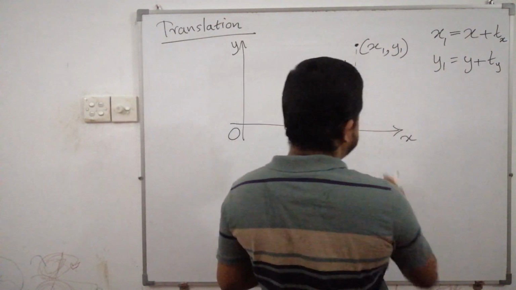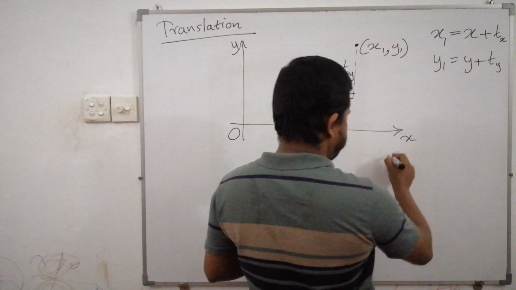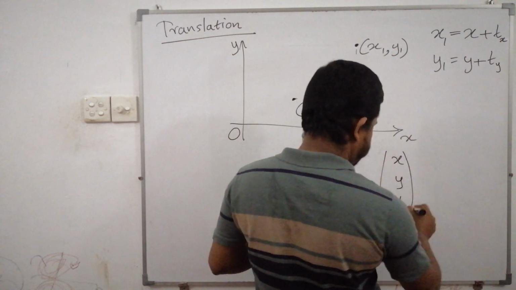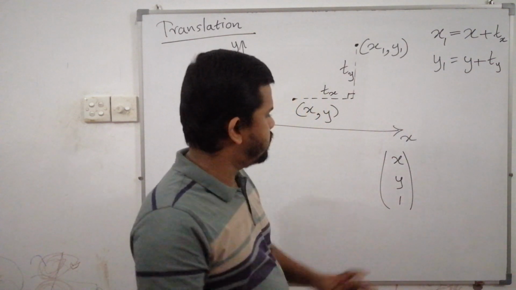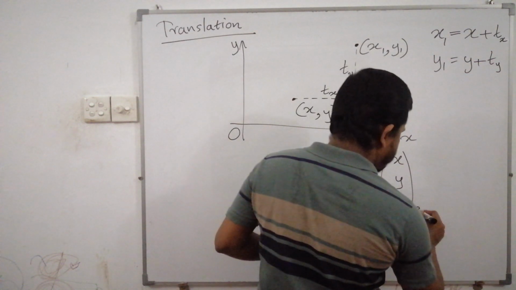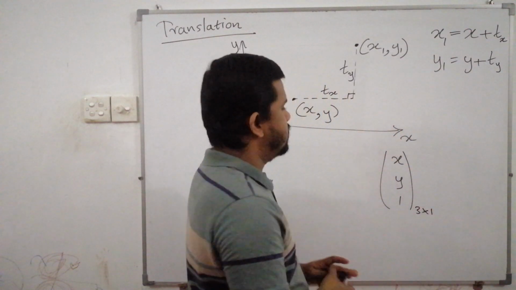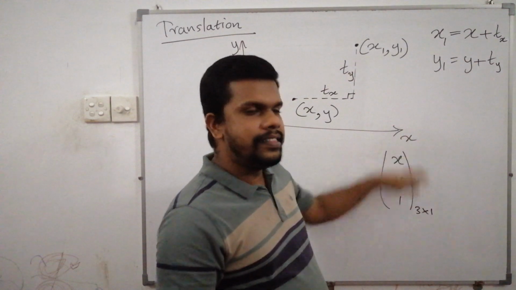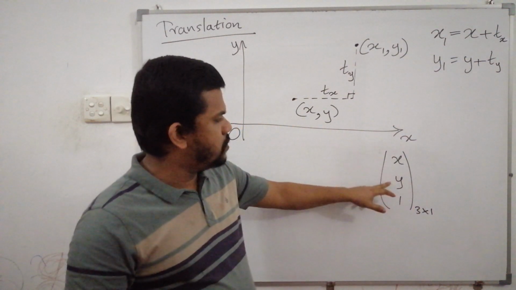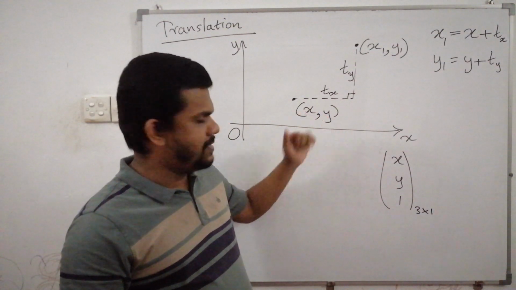Let's represent this point like this: x1, y1. Now we have an additional element. This is a 3 cross 1 matrix. There are 3 rows, 1 column. The first 2 elements represent the coordinates.